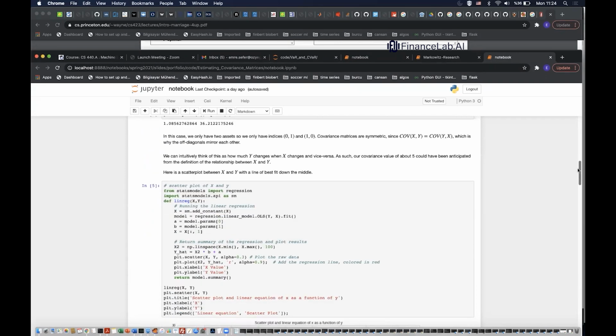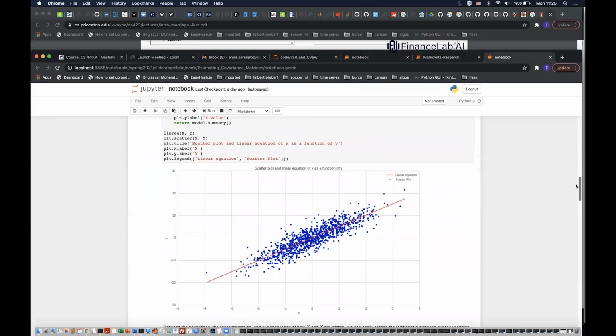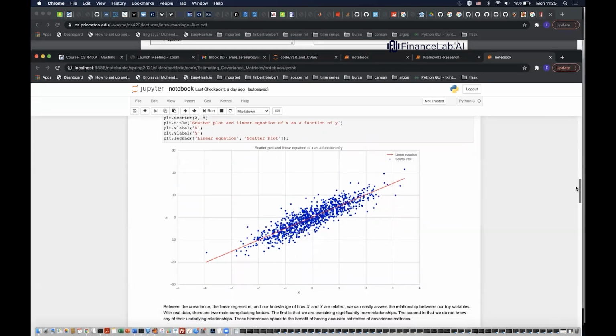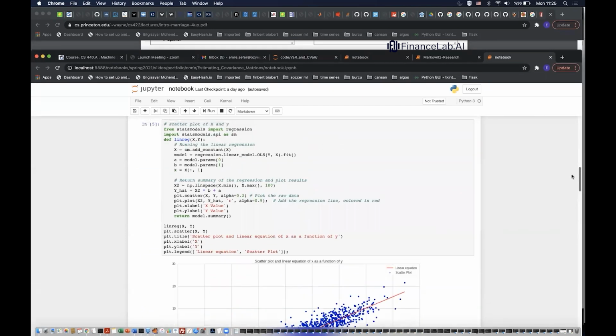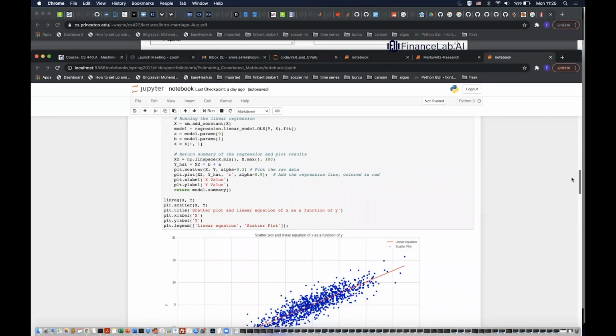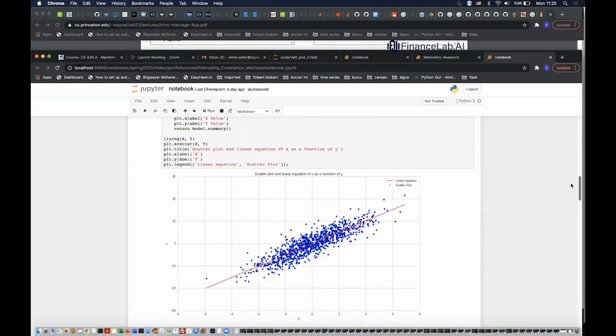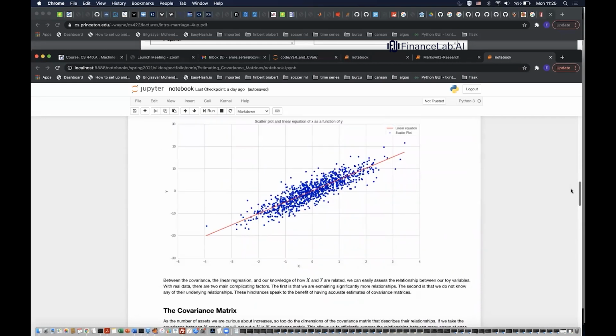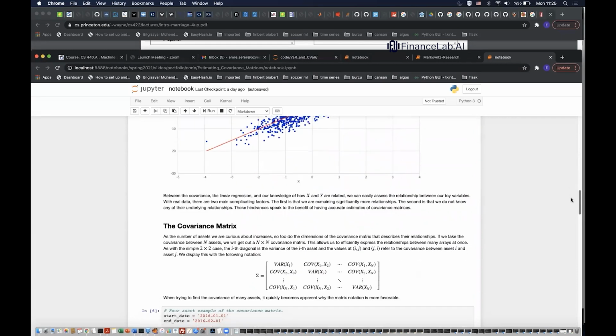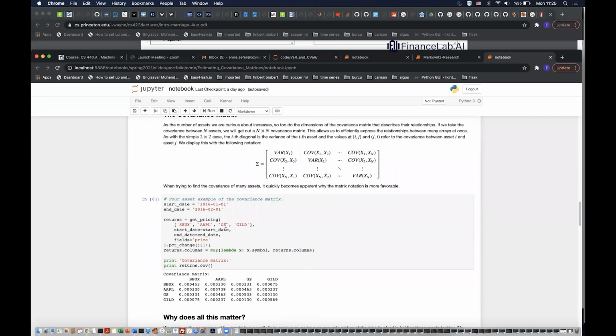In this case, we have two variables, x and y, and we try to find the best line fit in the linear equation. In the covariance matrix example, we have 4 assets for now, and we get the prices for these 4 assets by using the get pricing method.